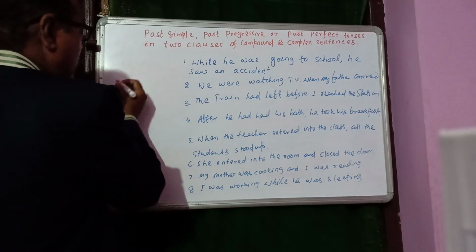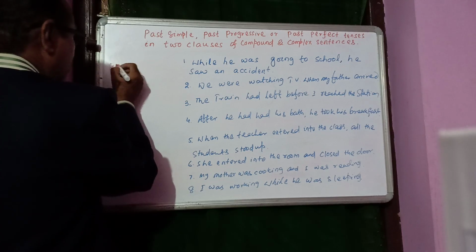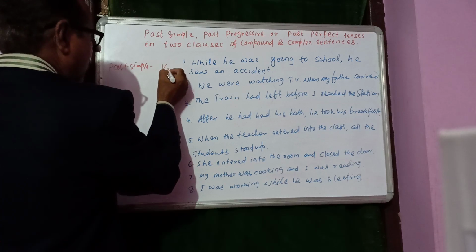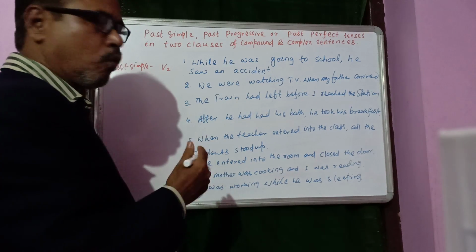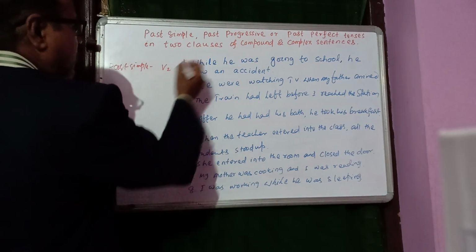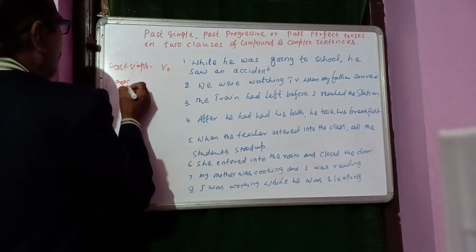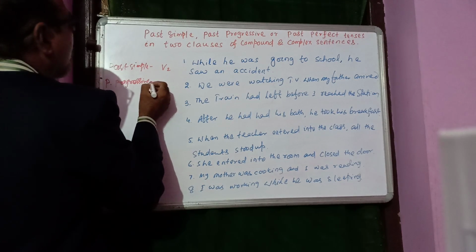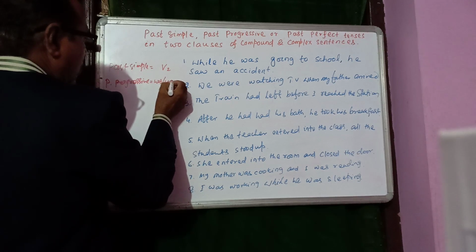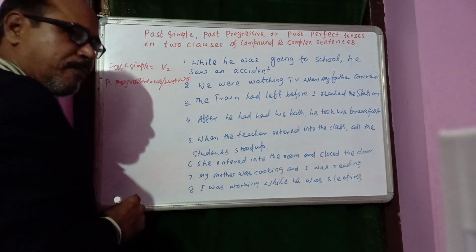You see, past simple, here the verb form is V2, the second form of the verb. Past progressive: was or were, plus verb ing.